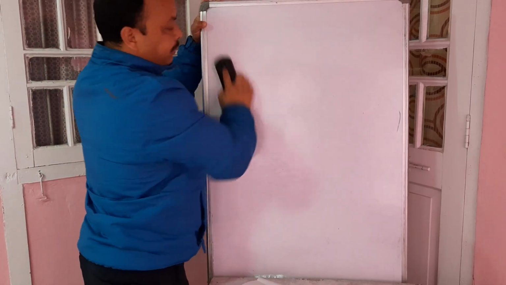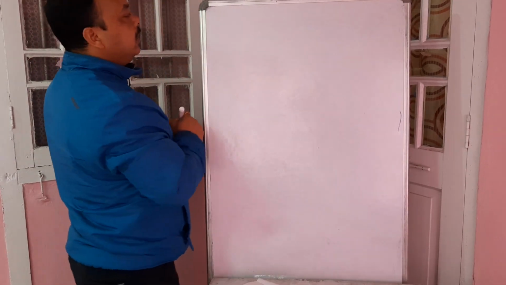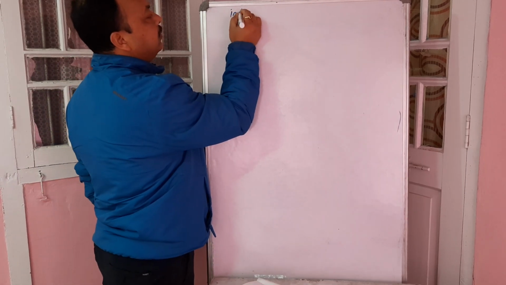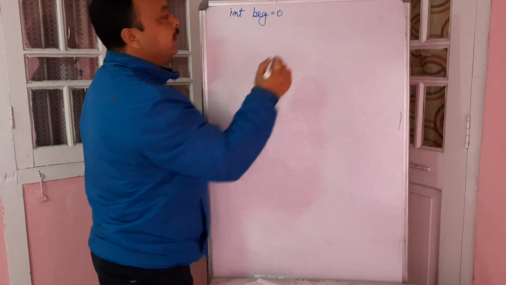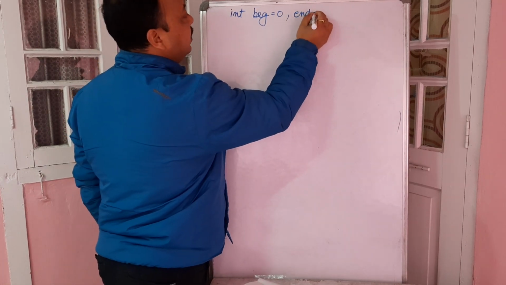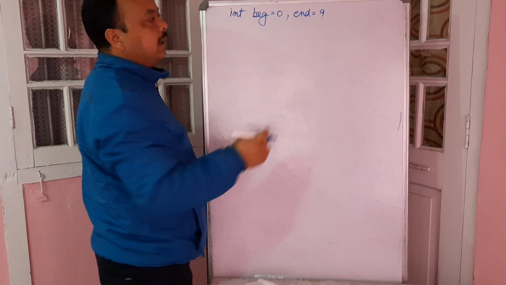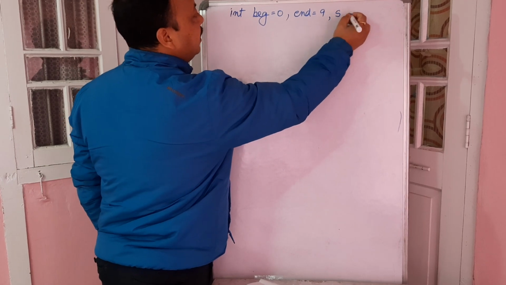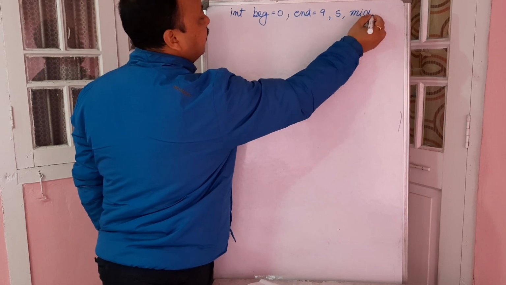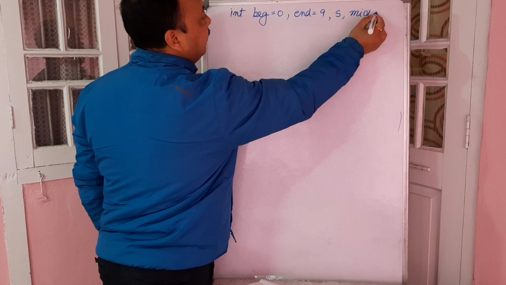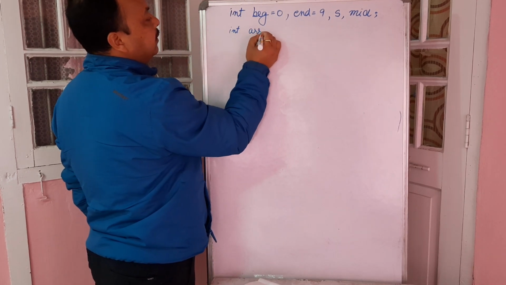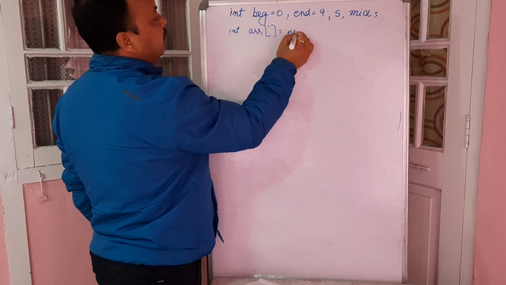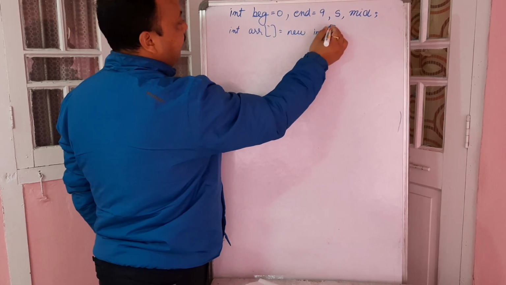The code is also pretty simple. You need to take two variables, beginning, which will point to the first subscript, and end, which will point to subscript number 9. You need a search variable and a mid value, mid. Then you declare the array, arr equal to new int 10.